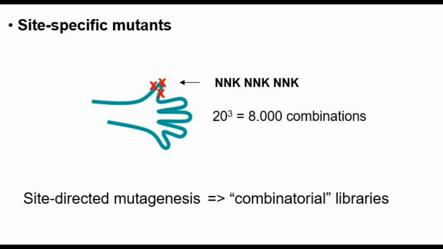So here you can have a sequence of NNN, where N can stand for any base, like A, T, G, C. But in the position of the third N, for example, you can have either G or C, or you can have only T or G. So in those cases, the site-specific mutant is called NNS or NNK. And we can look at the position of the third mutant and state whether there is some sort of a mutation there or not.